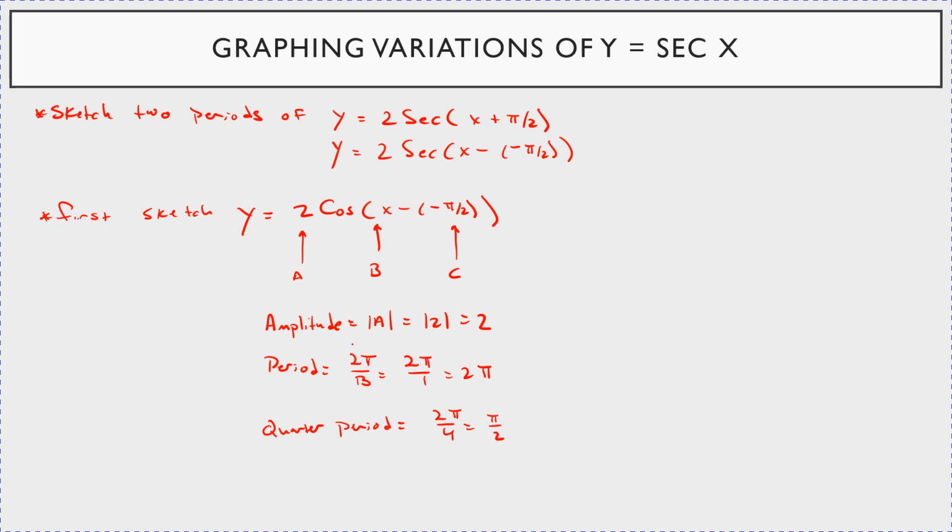And then there is indeed a phase shift. So this is c over b. So this is minus pi over 2. That's why I did this. You have to remember this. Whenever you see the plus sign here, write it as minus, or you're going to get it wrong. Over 1, which is just minus pi over 2. Okay. So now that you have this all set up, it goes boom, boom, boom. It falls right into place.